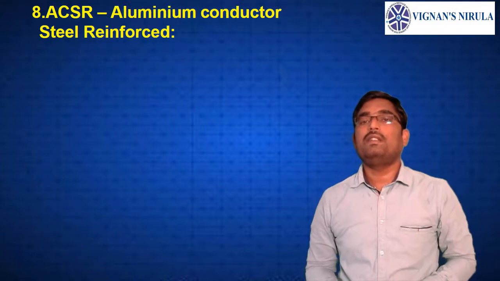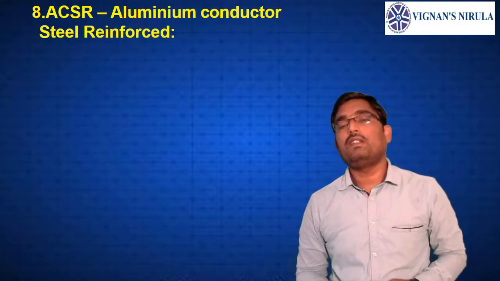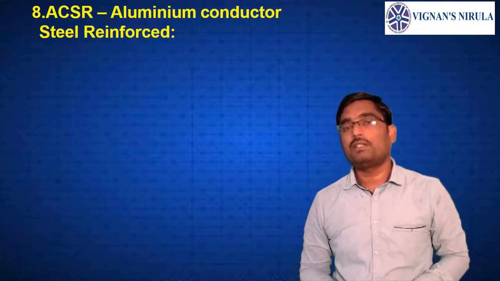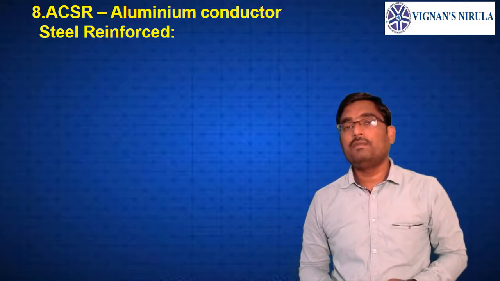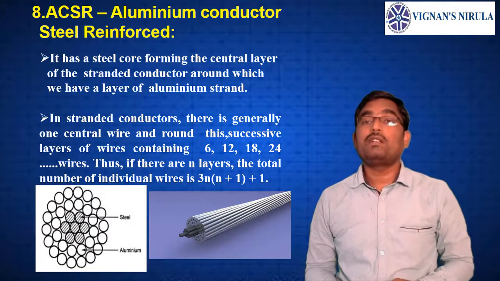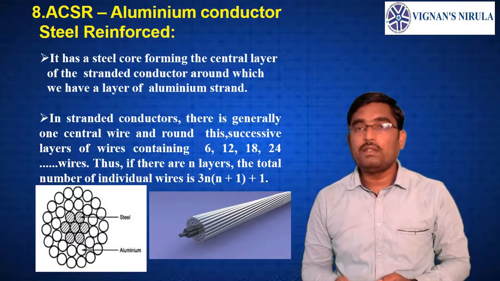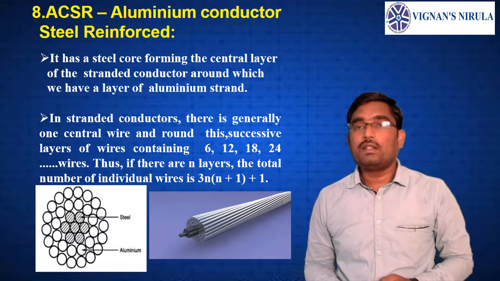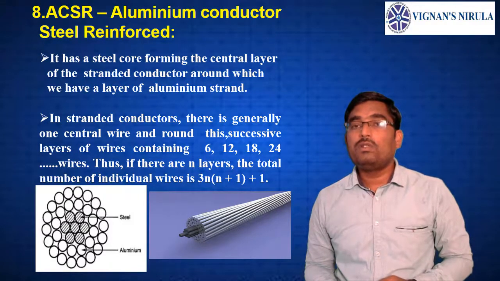Next one, ACSR, aluminum conductor steel reinforced, a very important conductor configuration. It has a steel core forming the central layer. In the central layer we have a steel core, and around that a layer of aluminum strands.